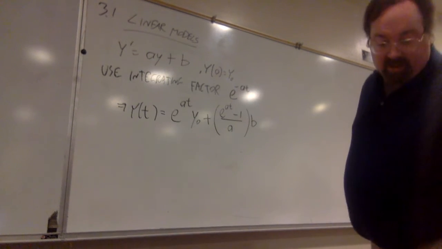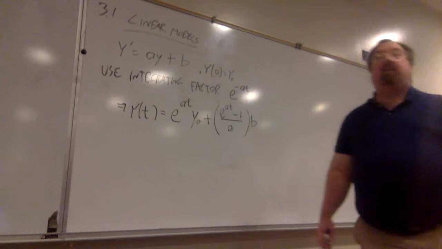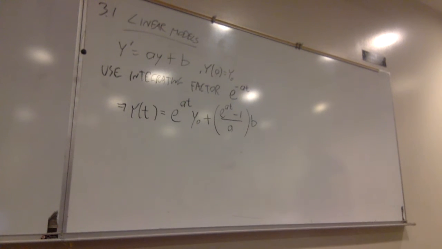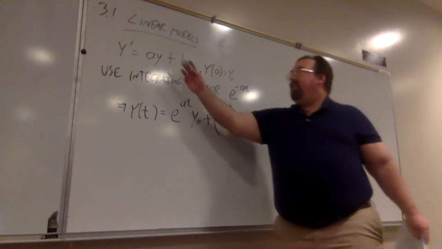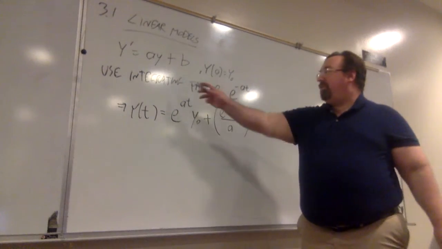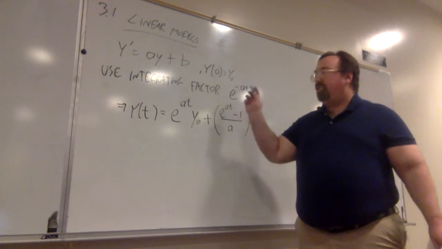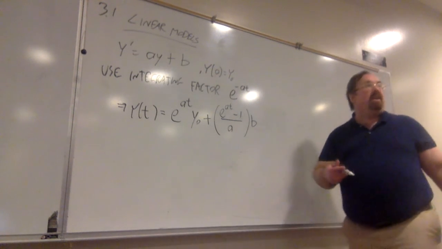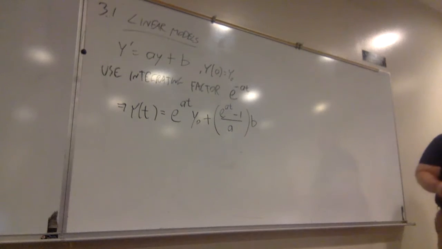Now, what I would recommend is try to simply remember this solution formula. You don't absolutely have to, because given this equation, if you don't know this, you can always just go through the motions of using the integrating factor and working it out that way. So why is it that the e to the negative at results in the solution?